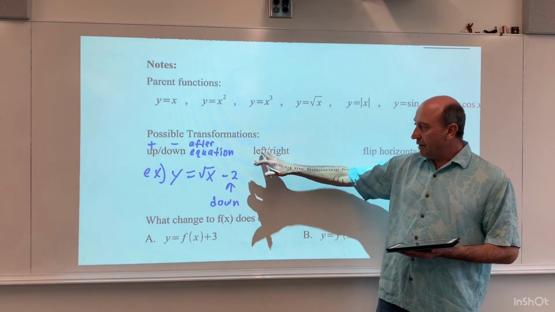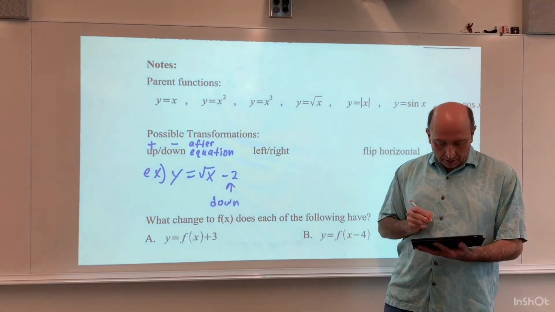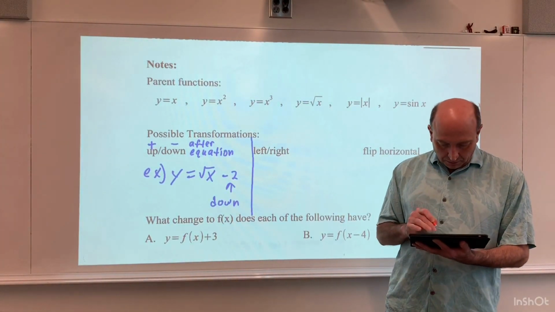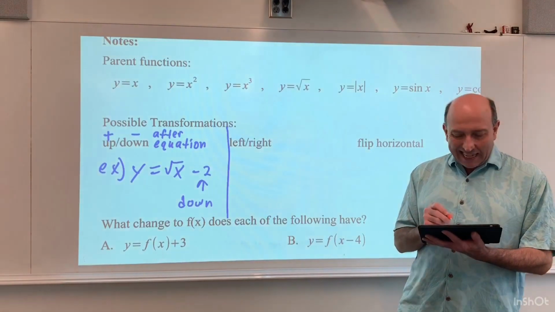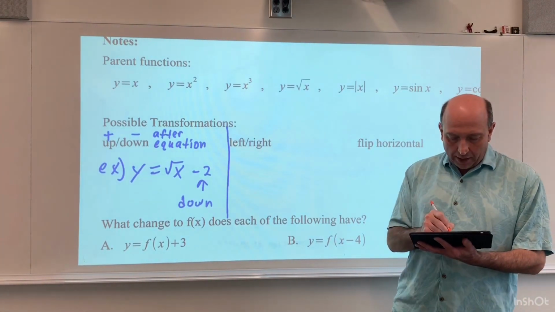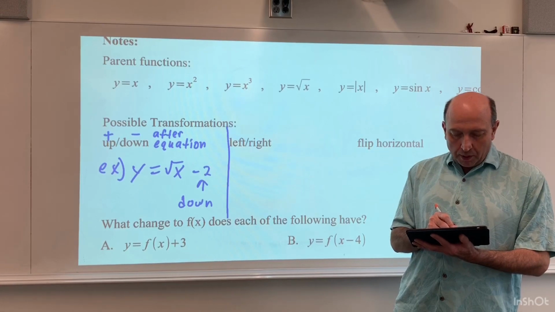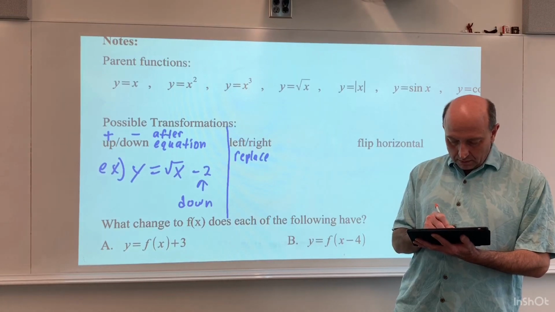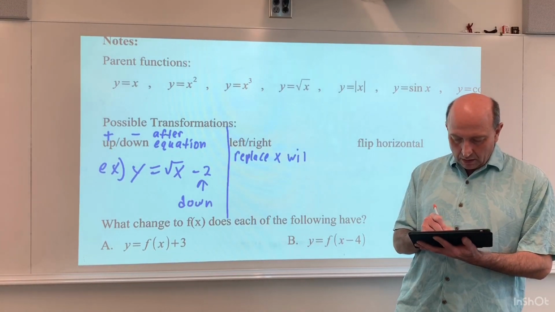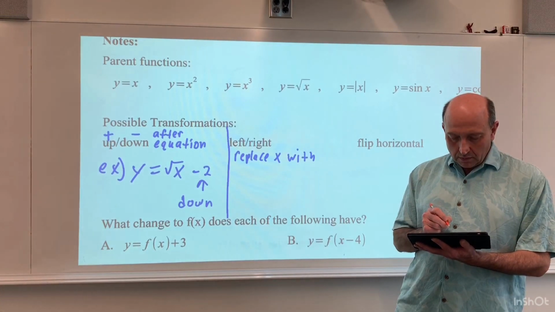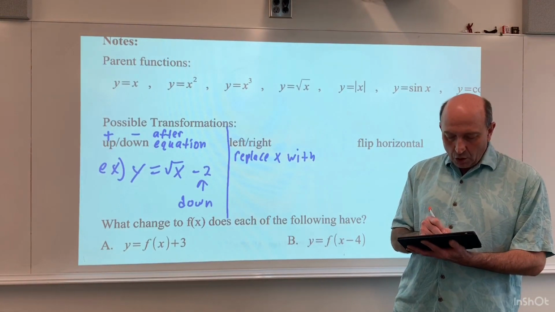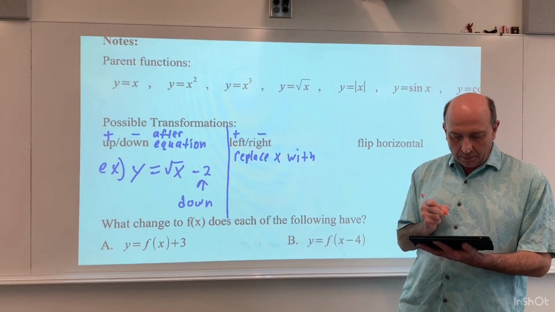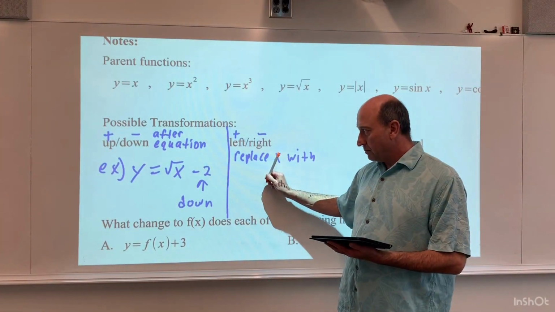Now, to move something left or right, you may have noticed, is weirder. So the easiest way to remember this is you replace x. So wherever the x is in the equation, you replace x with something. To move it left, you're adding a number. To move it right, you're subtracting a number, which seems backwards.